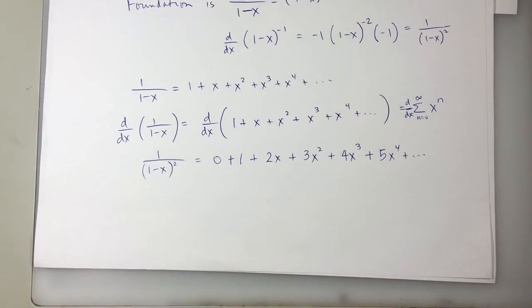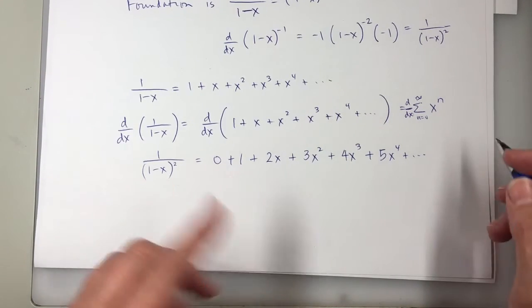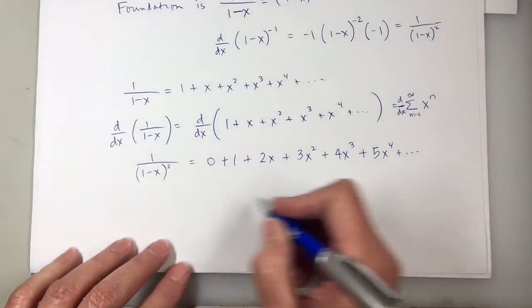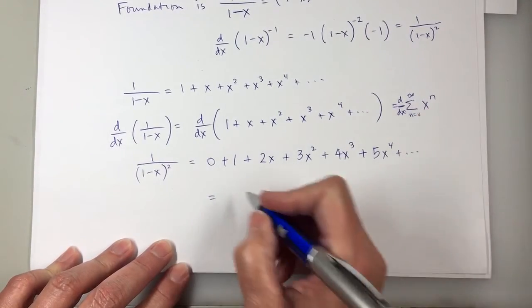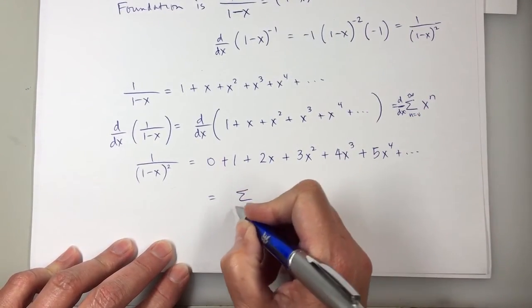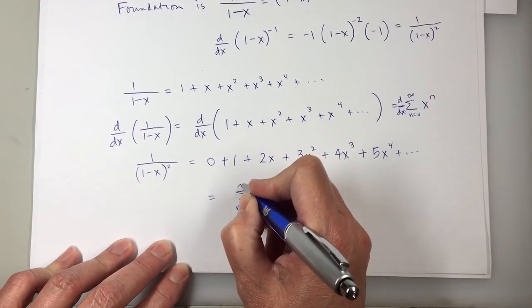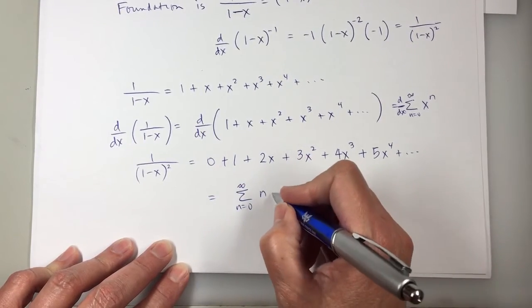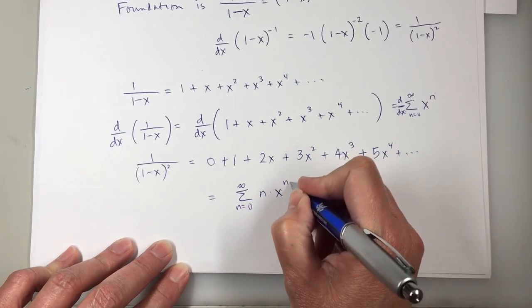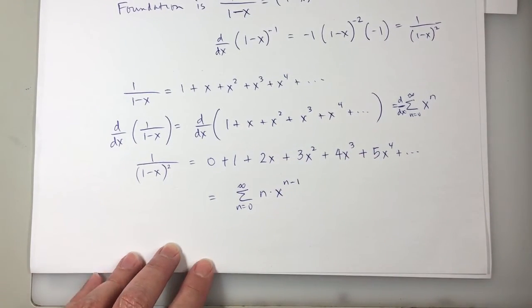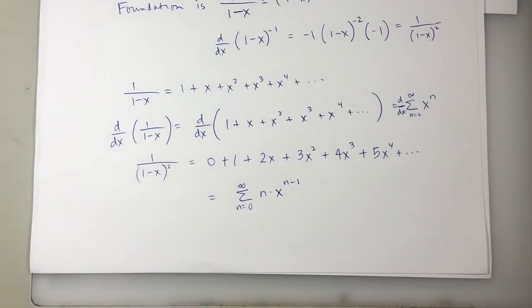Now, maybe I don't necessarily want to keep that 0 right here, but here, let's go from here. So this is the sum, as n goes from 0 to infinity, of n times x to the n minus 1. I just did the derivative of that.